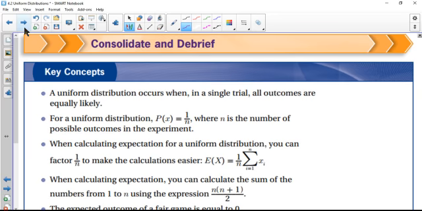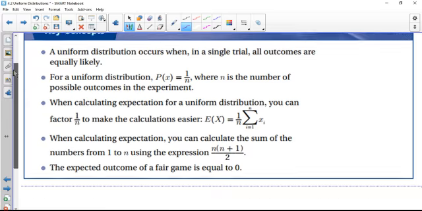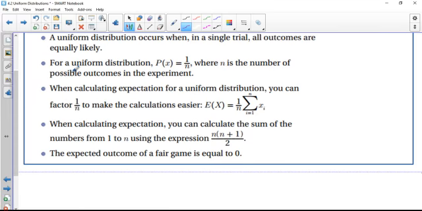Okay, so some of the key concepts: if it's a uniform distribution, then all occurrences will have the same likely outcome. Like rolling a die, flipping a coin. If you have a spinner that has an equal amount of things on it, it's like that. For a uniform distribution, the probability is just 1/n, where n is the number of outcomes or number of pieces.